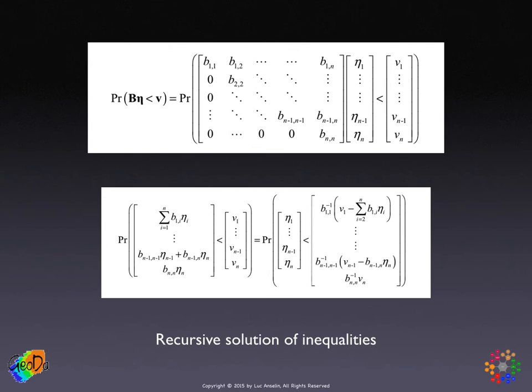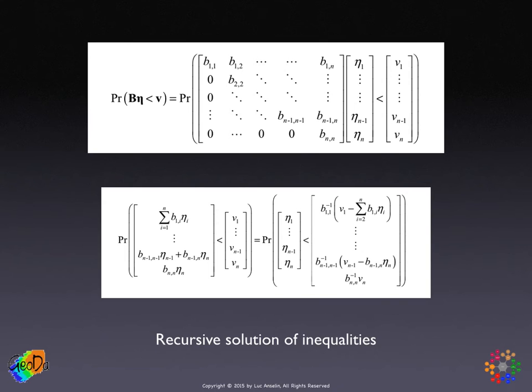So that's a number, and we can evaluate the probability that eta n is less than that value. That's in the same way as we do with the cumulative normal distribution in the Probit model. We have a value for xi beta. We evaluate that. We stick it in the cumulative standard normal distribution, and we get a probability value, a p-value. So that's the p-value for the last one.